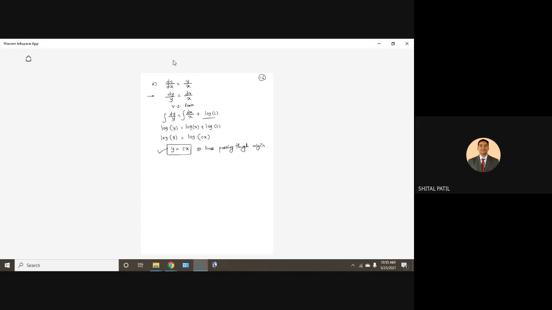And ये क्या है? This is the differential equation of straight lines passing through the origin, right? जो equation number 1 है वो differential equation है, equation number 2 है वो algebraic equation है. दोनों same represent करते हैं, a family of straight lines passing through the origin. Getting everyone? Right.